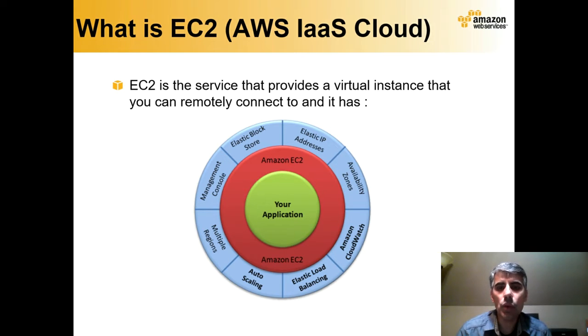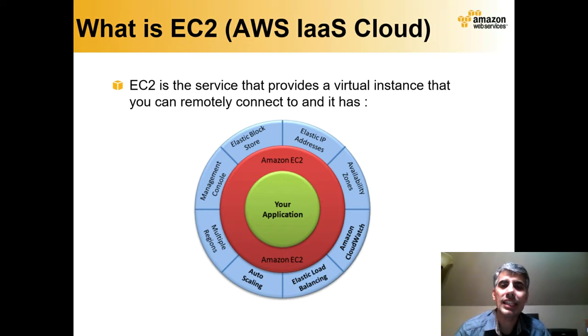The way you utilize Amazon EC2 is that you have your application, and of course your application is deployed within Amazon EC2, which is virtual machines, and around that there are many other services, as you can see here. For example, Elastic IP address. I told you earlier that what Amazon has done is basically selling different parts of a distributed system as a service.